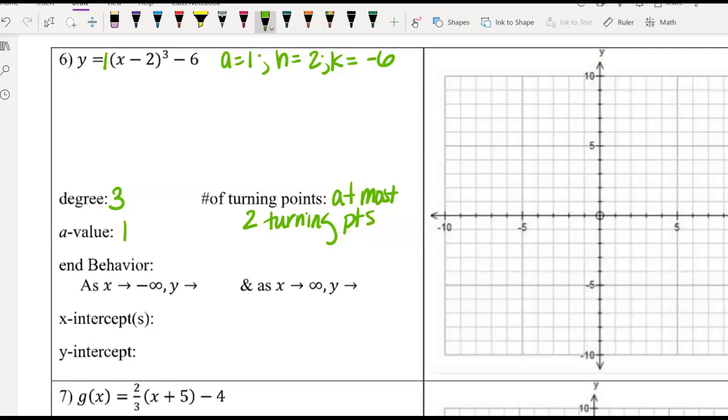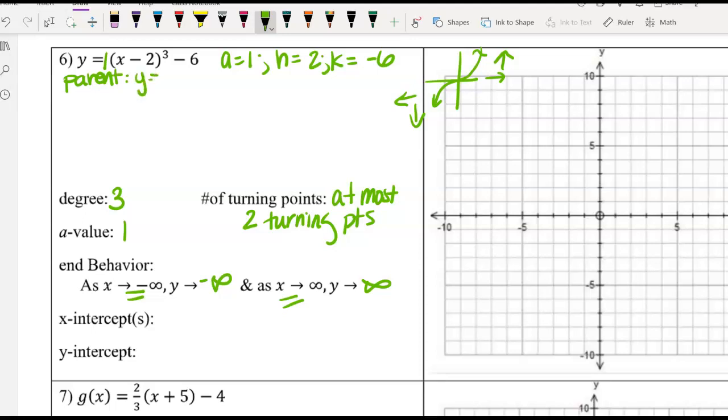A value is 1. Well, A is positive, so if we're talking about a cubic, it goes like that. So we can just feel out the end behavior immediately. When x goes left, which is negative infinity, y goes downward, so that's negative infinity. When x goes right, which is positive infinity, y goes up, so that's positive infinity. Let's make a parent table, students, for this.